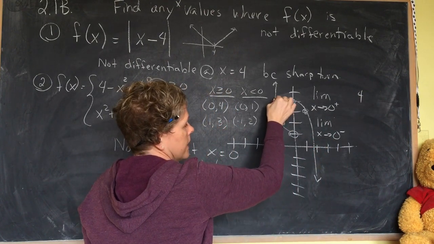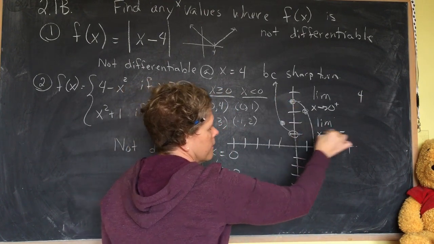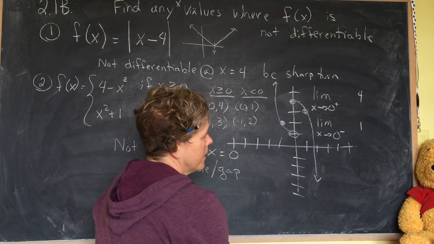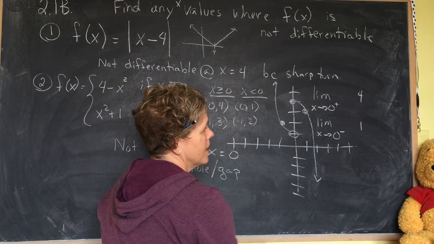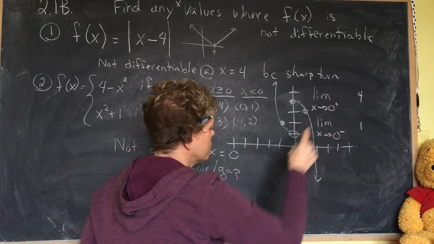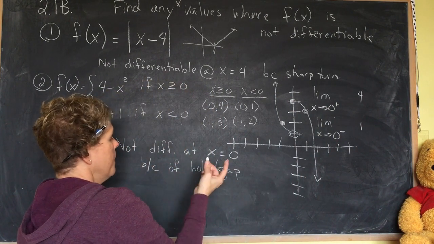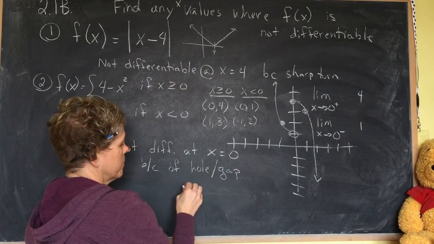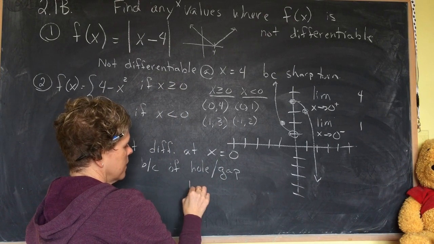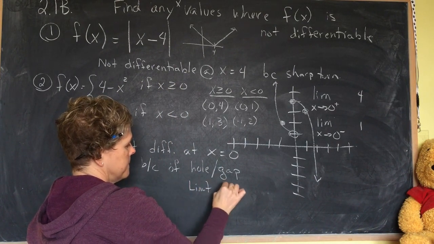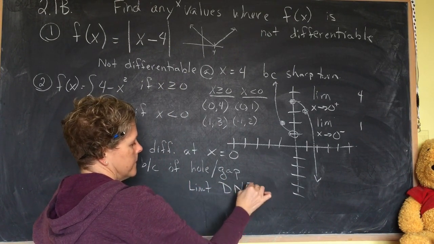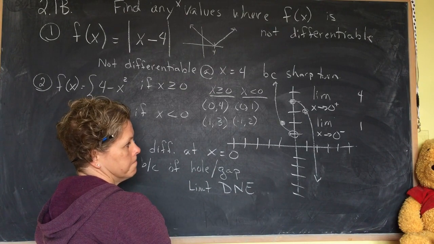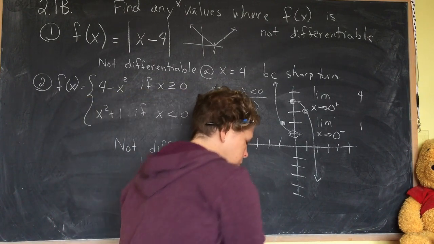If I'm on the left-hand side and I'm walking, I have a limit of 1. So that means my overall limit at 0 does not exist. So not only is there a hole or a gap, but probably a more definite answer would be that the limit does not exist there.